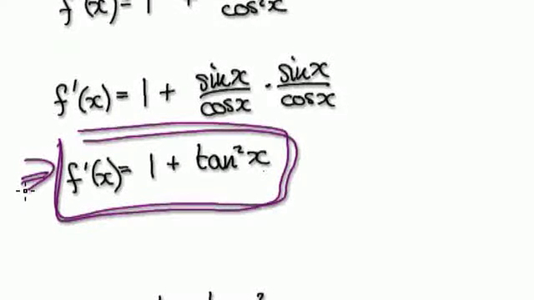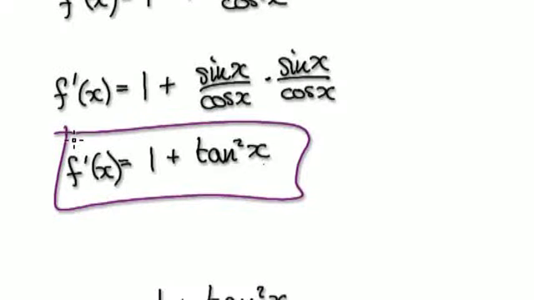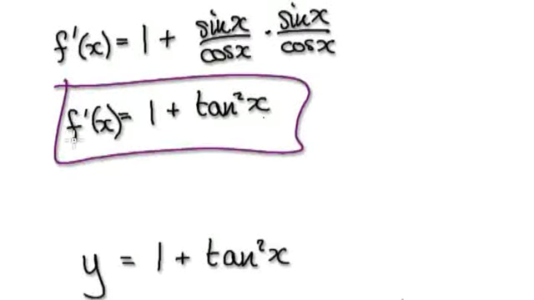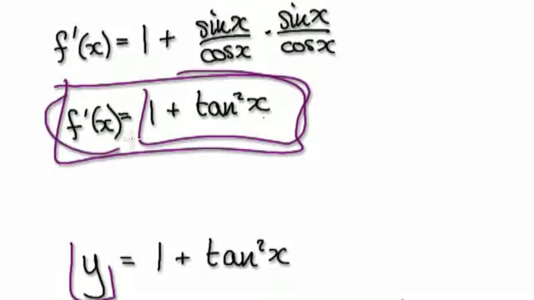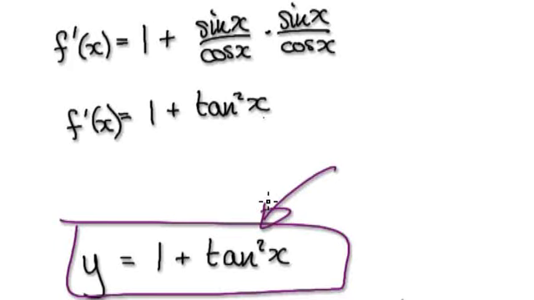Our aim here is to differentiate this. So let's just pretend at the moment that this thing here is y. Instead of using f, let's just pretend we've got y equals this thing here. So we've got to differentiate this.